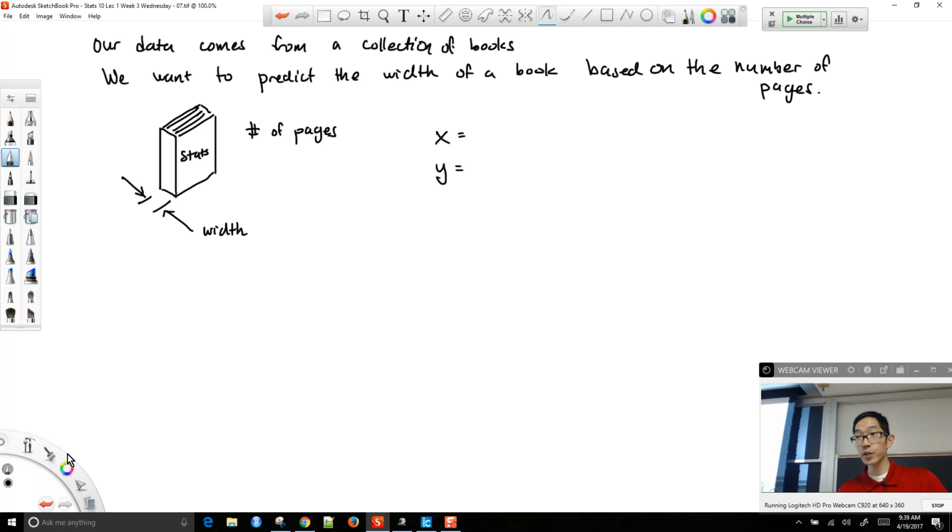So predicting the width, the thing that we are predicting, is going to be our y variable. Okay, so y is the width of the book because that is what we are predicting. And the thing that we are using to make the prediction, based on the number of pages, this is the x. Okay, the number of pages is our x variable.